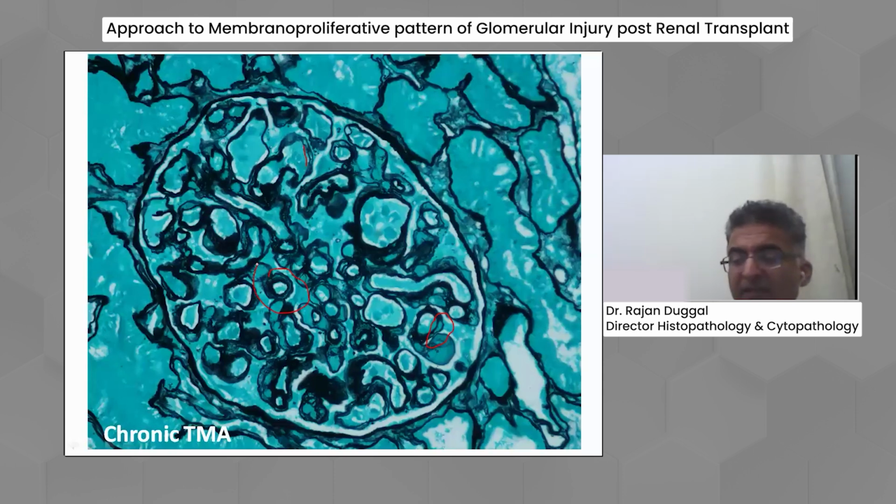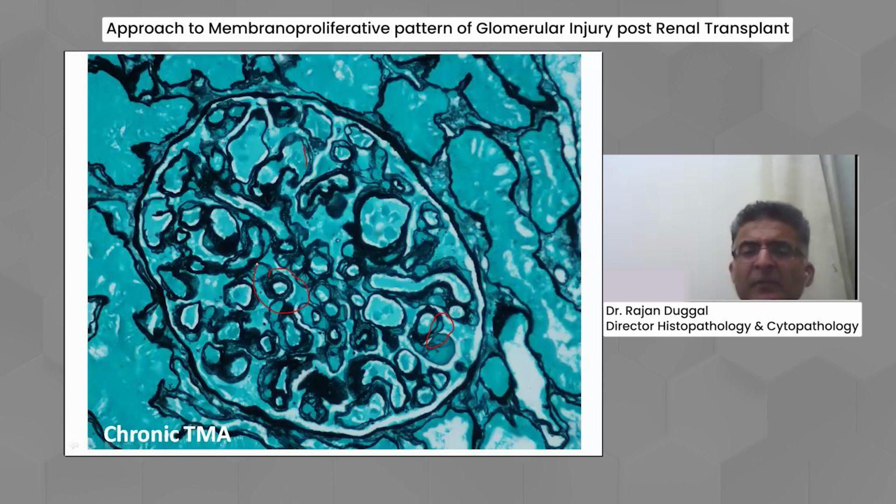There is C3 which is only non-specifically deposited. Consider C4d is negative. There is no microvascular inflammation, so no glomerulitis, no PTC-itis. In these cases you can consider them as chronic thrombotic microangiopathy.